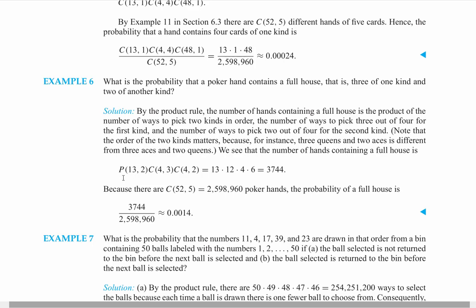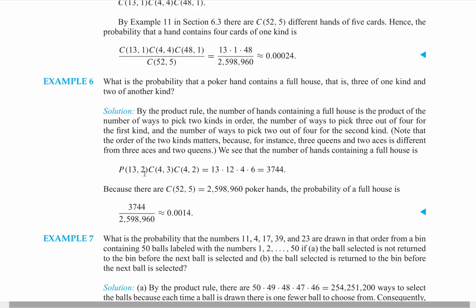So choosing the kinds is a permutation. So it's a permutation number. Choosing 2 from 13, where the order does matter, because you're doing the threes first, 3 of a kind first, then the pair.